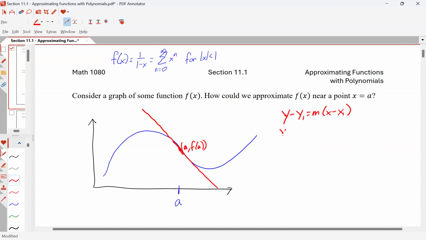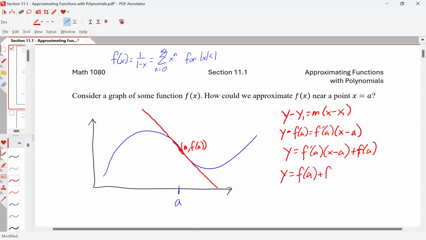So this line is y minus f of a equals f prime of a times x minus a. If we solve for y, we get y equals f prime of a times x minus a, plus f of a. With a slight rearrangement, this is also y equals f of a plus f prime of a times x minus a.